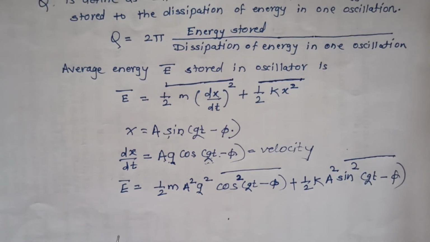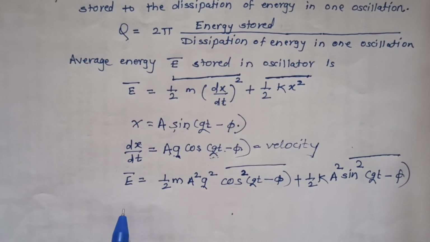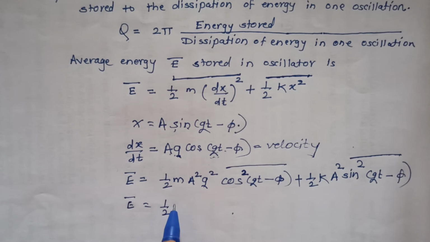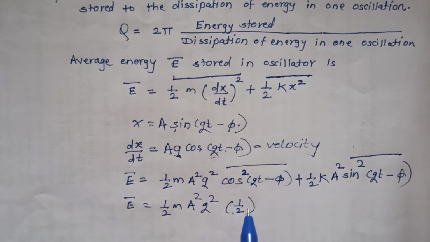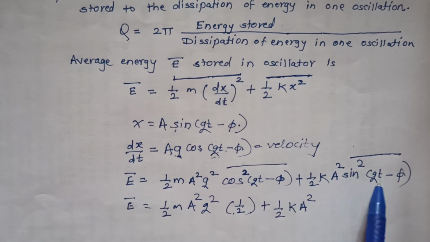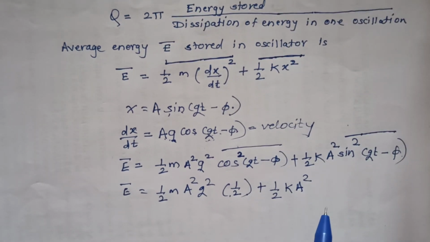Then we have E bar is equal to 1/2 m a^2 q^2 into the average value of cos^2(qt - phi), that is equal to 1/2, plus 1/2 k a^2, the average value of sin^2(qt - phi), that is equal to 1/2.